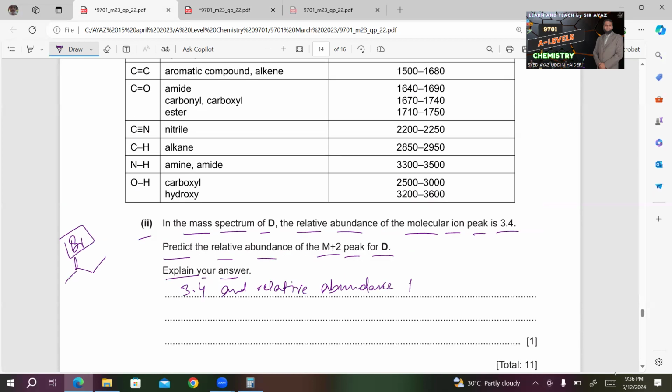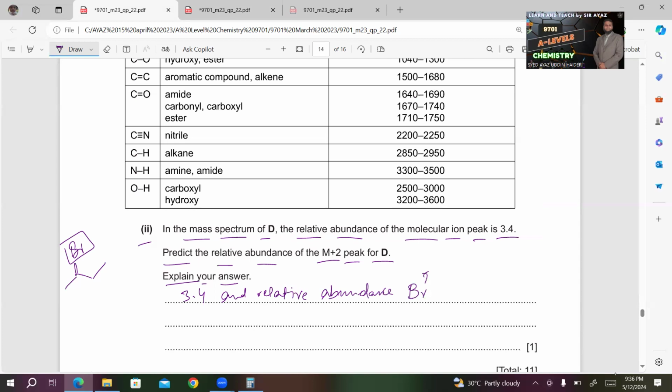We know that Br 79 and Br 81 are in the ratio 50 to 50, or you can even write 1:1.